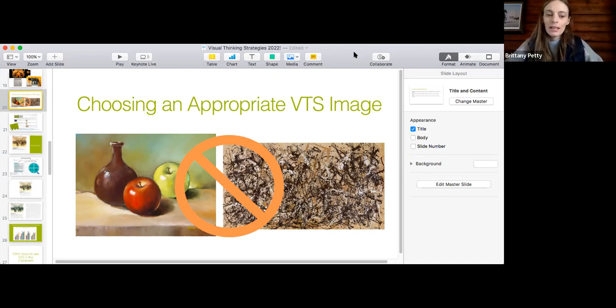So I don't think just because something is very representational, or you know, Norman Rockwell, you could say a little cheesy or whatever, that doesn't mean it would be bad for a VTS image. But you could look at it and say, is this a little bit too obvious? If you think it might be, go with something else. But it's fun. You could try it once and then see.